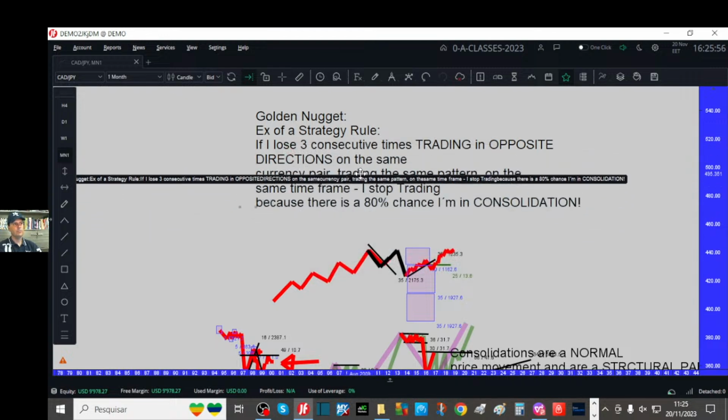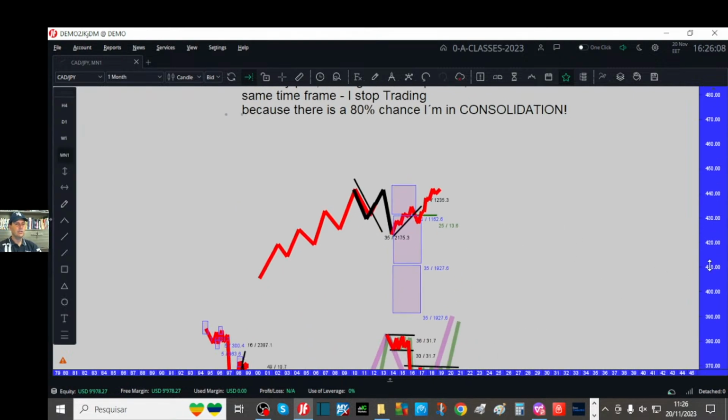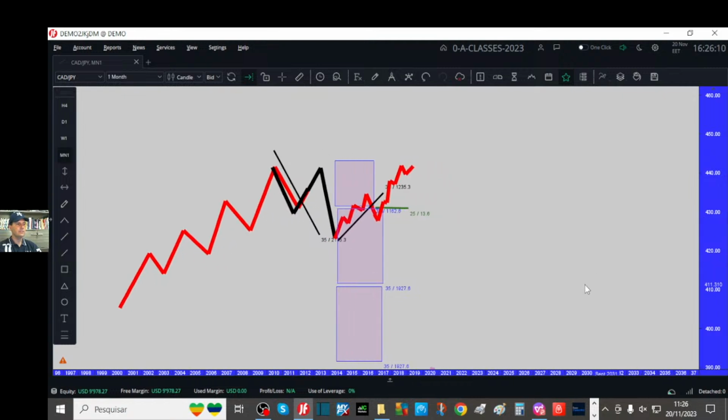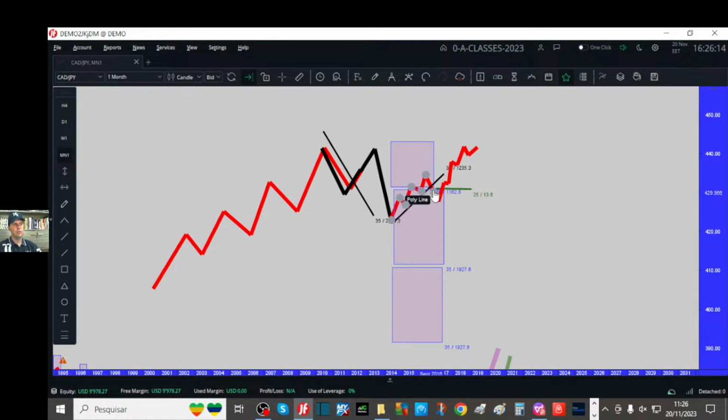Trading in the opposite directions on the same currency pair, trading the same pattern, which is the trend, on the same time frame, I stop trading because there is an 80% chance that I'm in consolidation. So I was going long, I've lost one, now I'm going short, I've lost the second one.